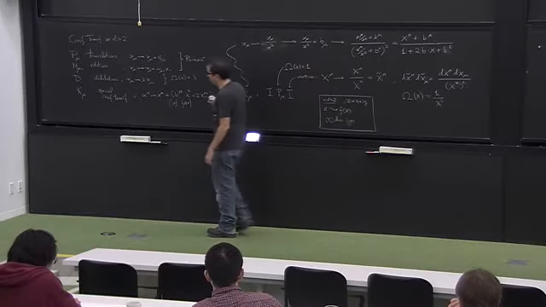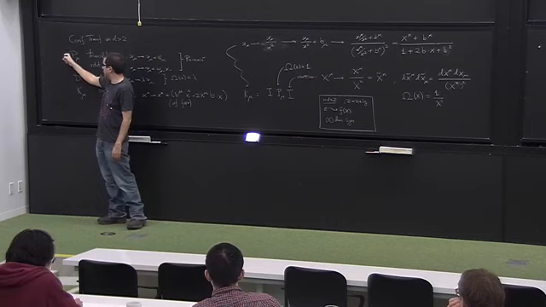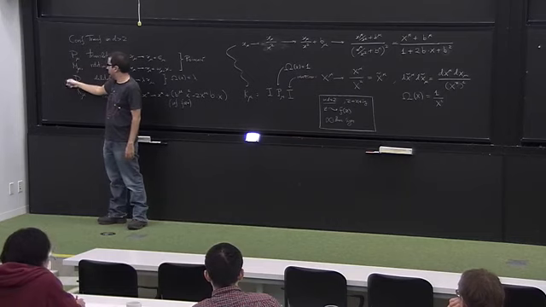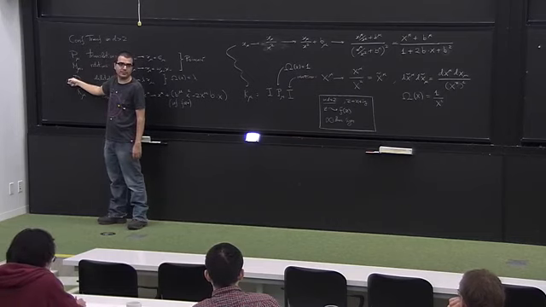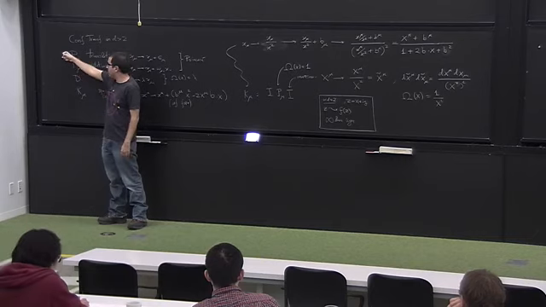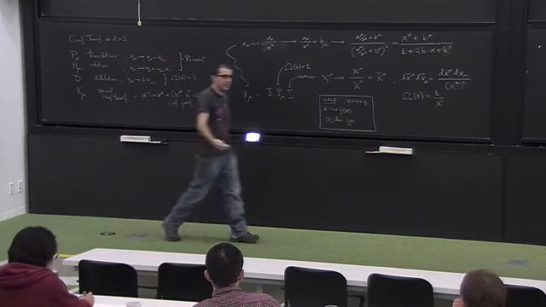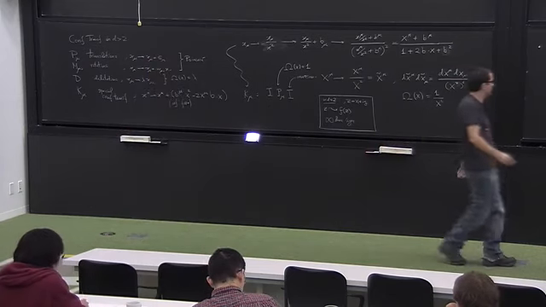Now, all I have to show you is that if you have inversion plus these two guys, you can also get D, the dilatation. So if you have inversion plus these two guys, you can already get K. Can you also get D? Are dilatations an automatic consequence?